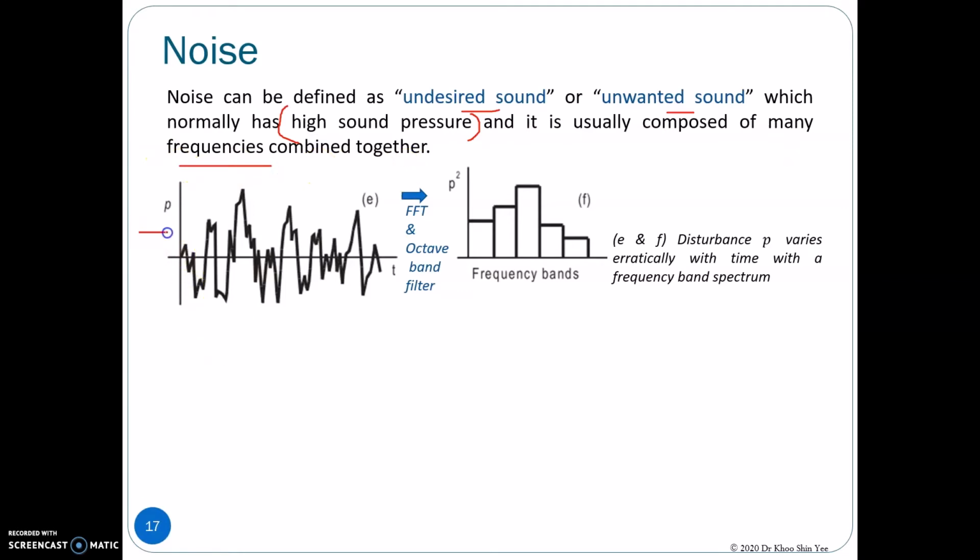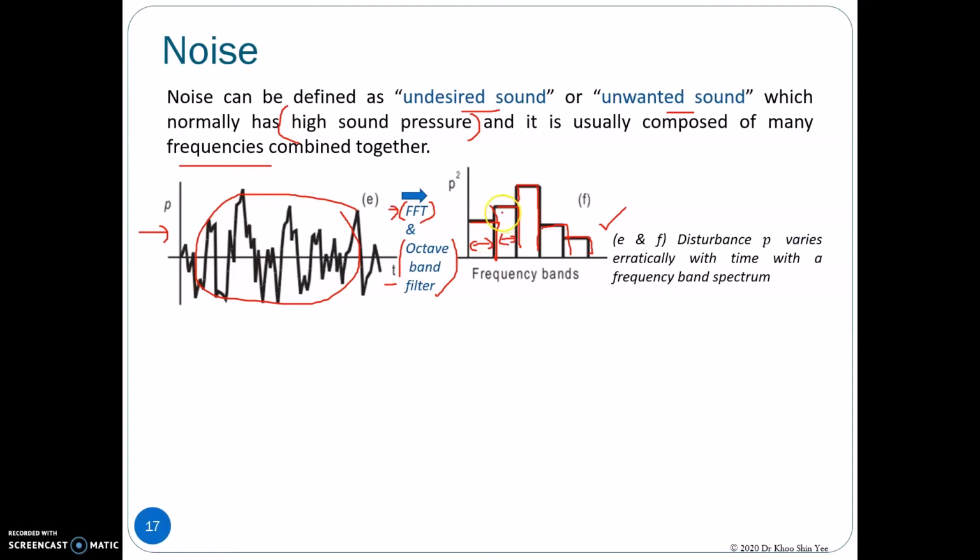For example, in this case, we have a very complicated time domain sound signal where, after we perform the fast Fourier transform and the octave band filter, you obtain a result like this, where instead of a single or multiple frequency data, we see a lot of frequency bands, where the frequency data is arranged in a bunch of frequency ranges.